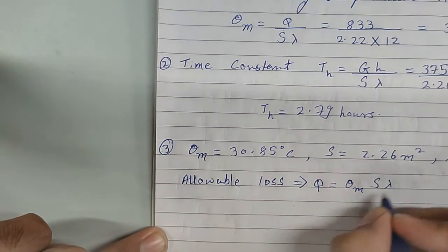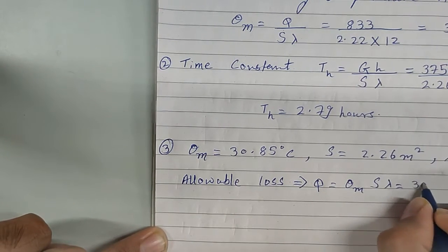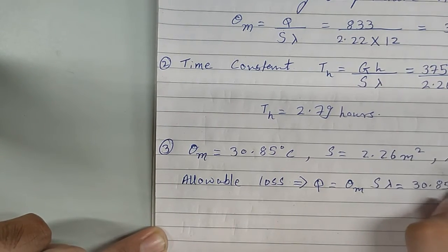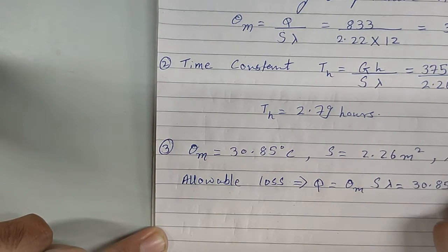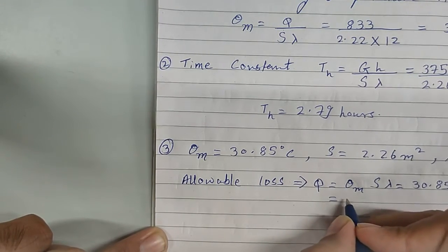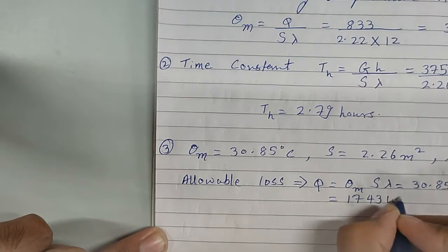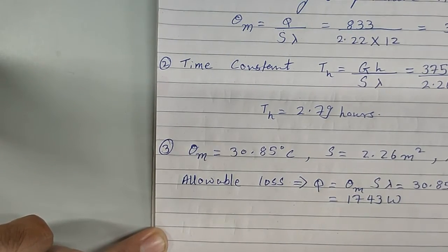Resubstituting the values, 30.85 multiplied with 2.26 multiplied with 25, the losses that you will get is 1743 watts.